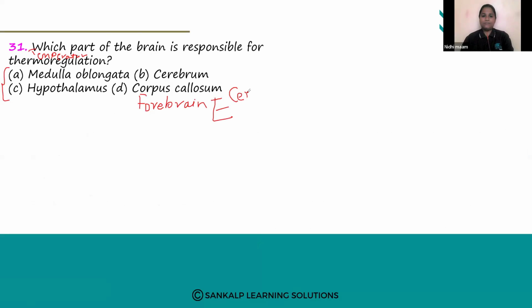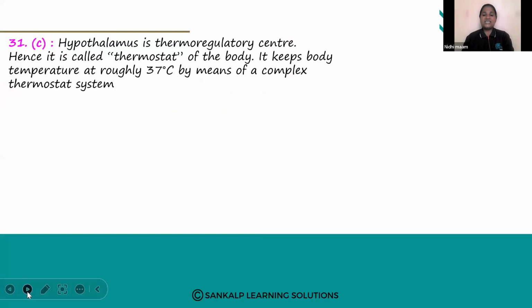One is the cerebrum, another is the thalamus, the next one is the hypothalamus. So out of these three, which will control the temperature? Option C. Okay, let us check. Exactly, option C is the right answer, hypothalamus.